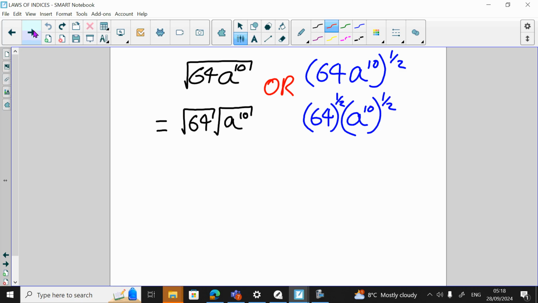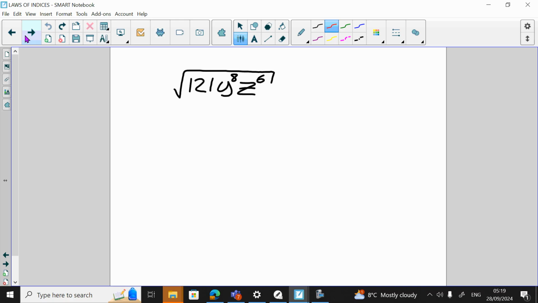In your calculator, 64 to the power of a half, or square root of 64, gives you the same answer, 8. 8 to the 10 to the half, you see that here? Just think about that like halving the power.